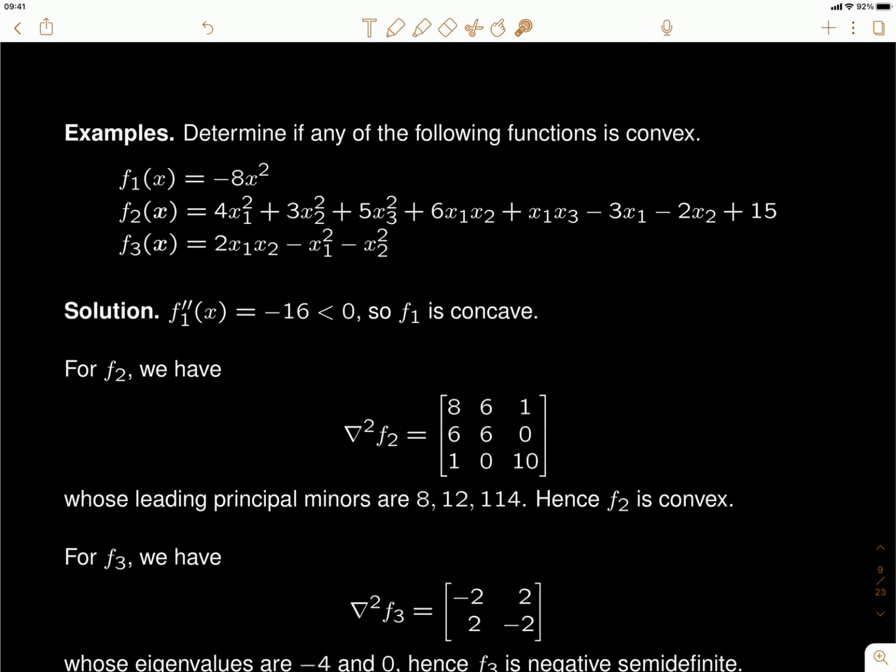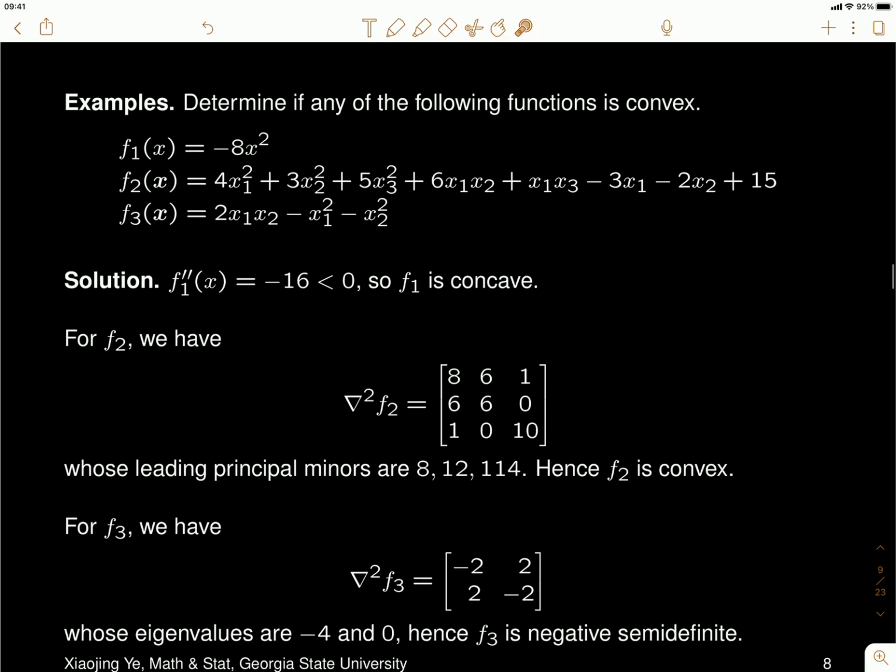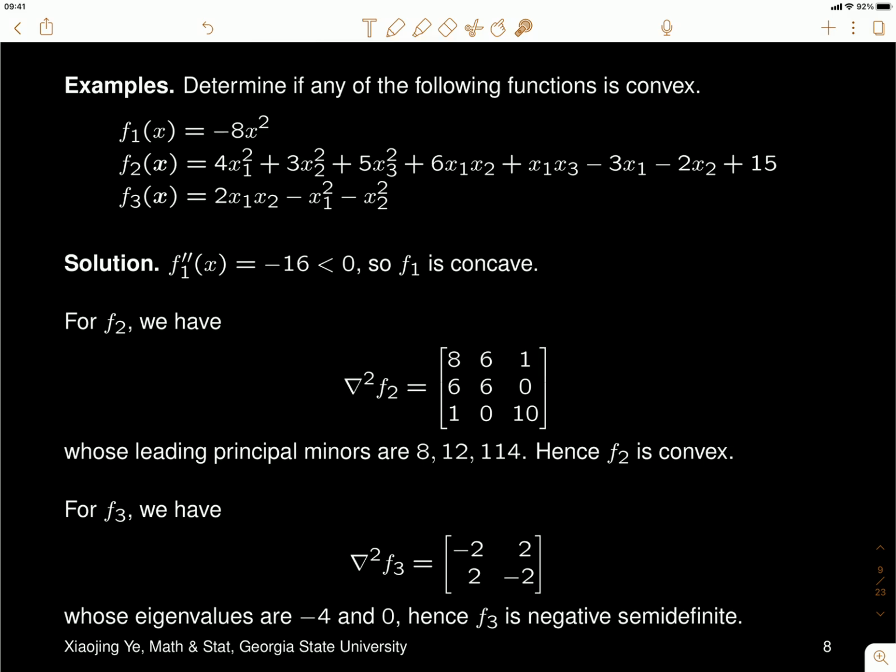Okay, so let's see an example. Now we have 3 functions, and we want to check if they're convex or not. Let's check the first function. The first function is a univariate function. It has only one variable, x. In this case, we just need to take the second order derivative and see if it's positive or negative.